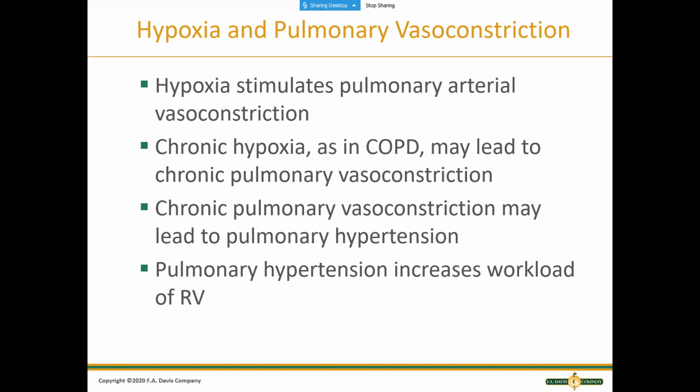Right-sided heart failure has its own special word called cor pulmonale. Cor pulmonale is that right ventricle is failing because the lungs are bad. Now we've got right-sided heart failure on top of the lung problem.